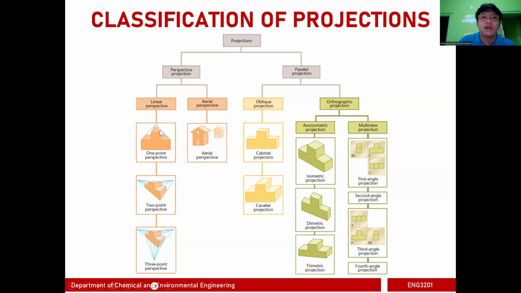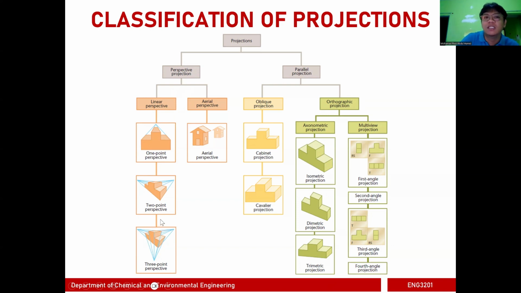Under perspective projection, where the line of sight and plane of projection converge on one point, two points, or three points, they give you different names of perspective projection. For example, here you have a one-point perspective projection, a two-point perspective projection, a three-point perspective projection.